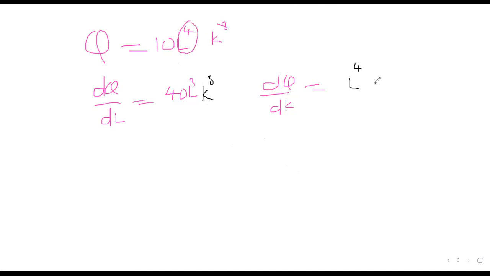So L^4, we'll bring it back. So we're going to remain with 10L^4k^8. So what is the derivative? 80k to the power 7. 80L^4k^7, correct. So this is implicit differentiation with what? With partial derivatives.